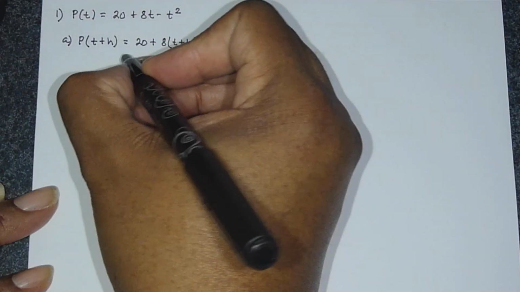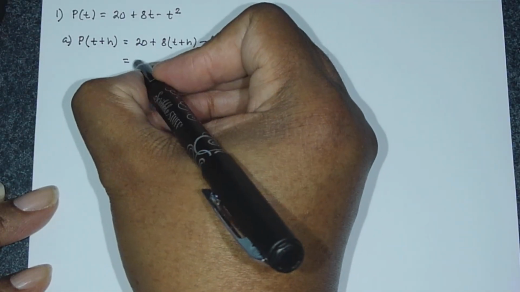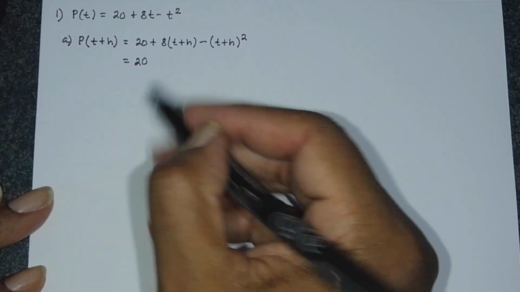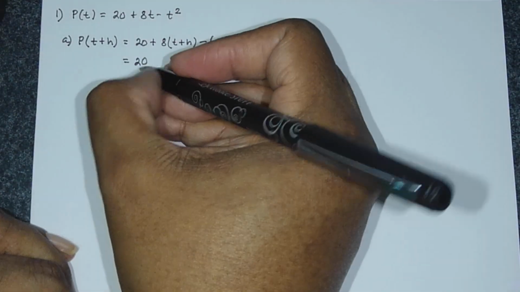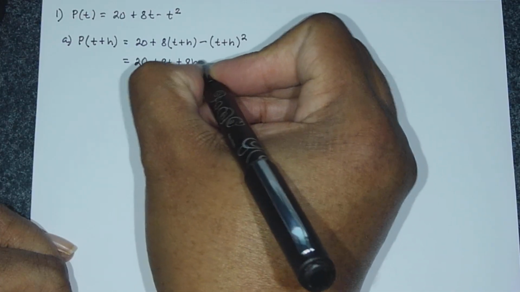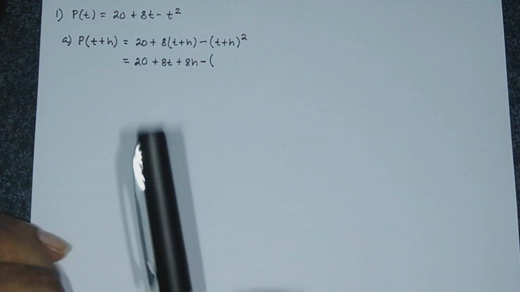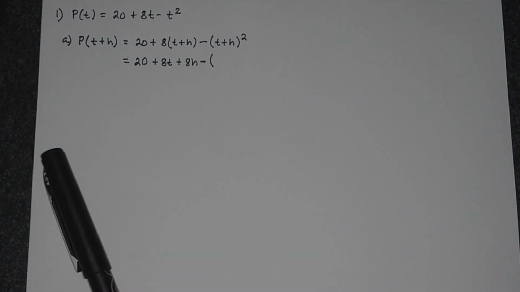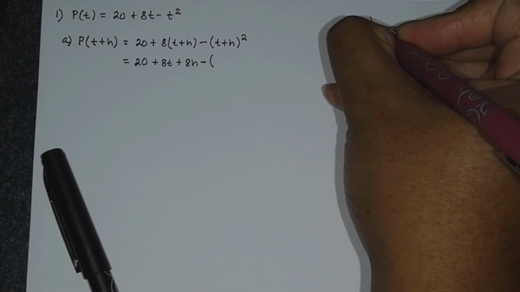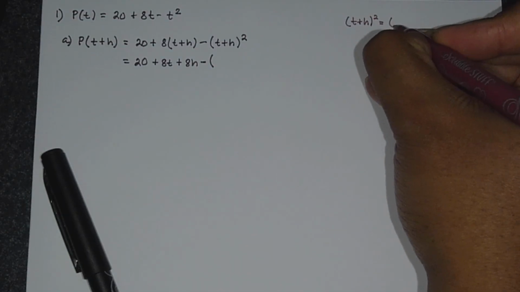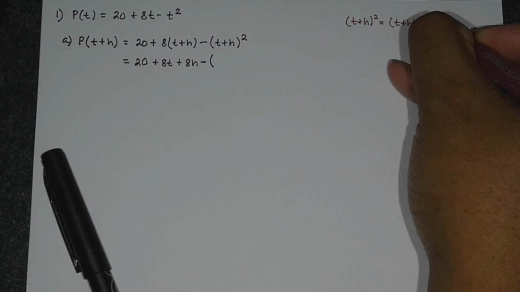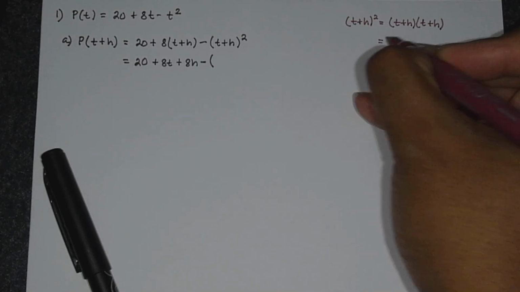Okay, now here we're going to have to simplify this algebraically. So if I bring down the 20, distribute the 8 over the T plus H, I would get what? 8T plus 8H. Okay, and then minus, I'm going to put this in parentheses here. And somewhere off to the side, I'm going to do T plus H quantity squared, and write this as T plus H times T plus H, and use the FOIL method.